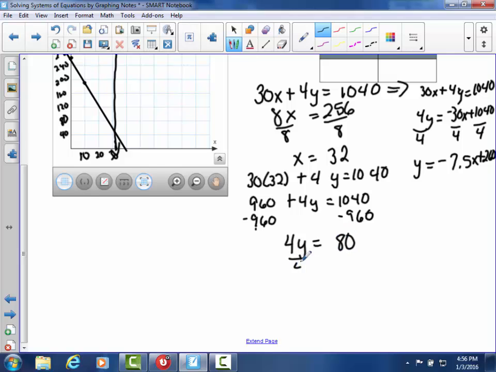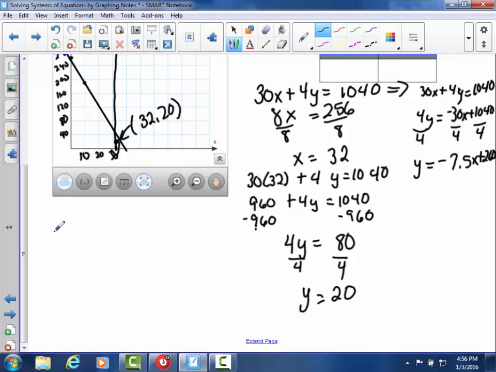Divide by the 4. And it turns out our estimating was quite a bit off because y is only 20. So this point should have been down here, right? Because it was at (32, 20) that we actually have our intersection of our two lines.